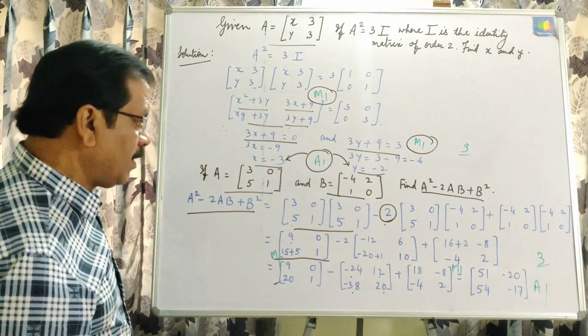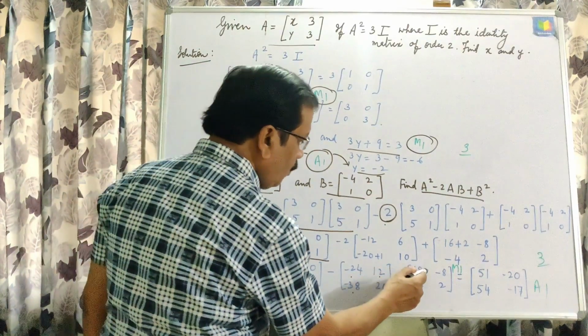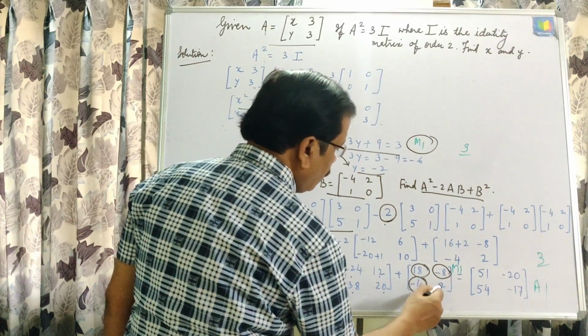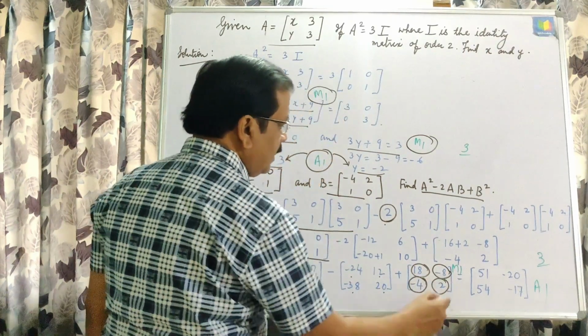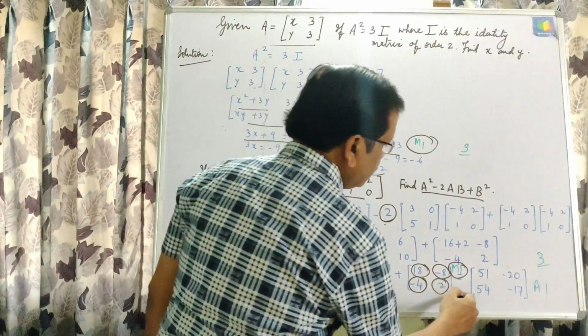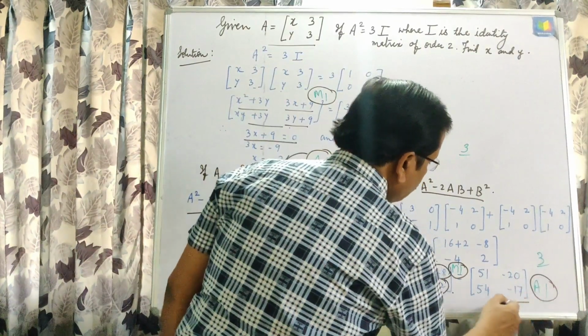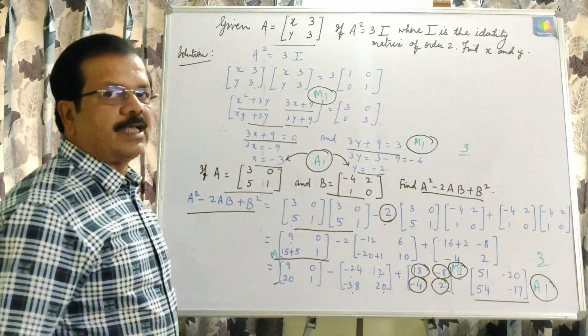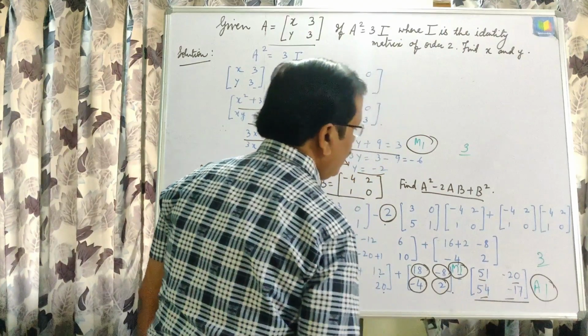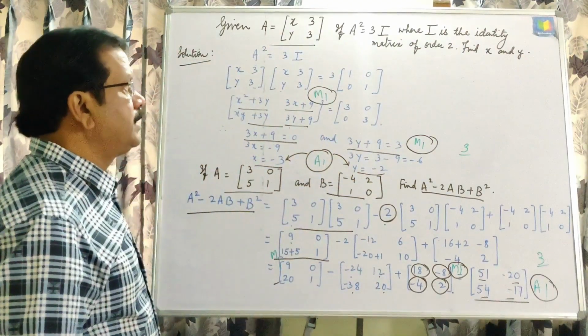And the second method mark, if all these four entries after multiplication, 18, minus 8, minus 4, 2, were correct. And then the last answer mark was on the final answer if all four entries were correct. This way your marking scheme was decided.